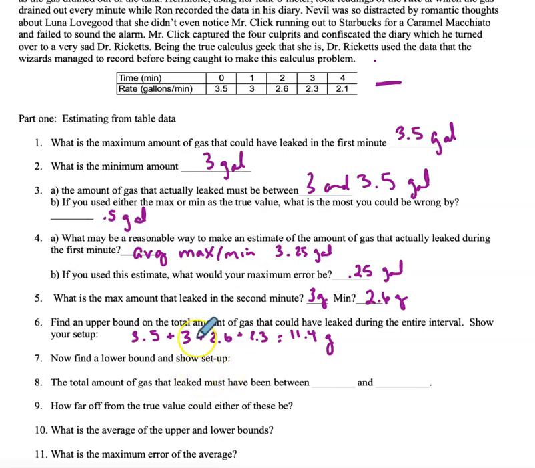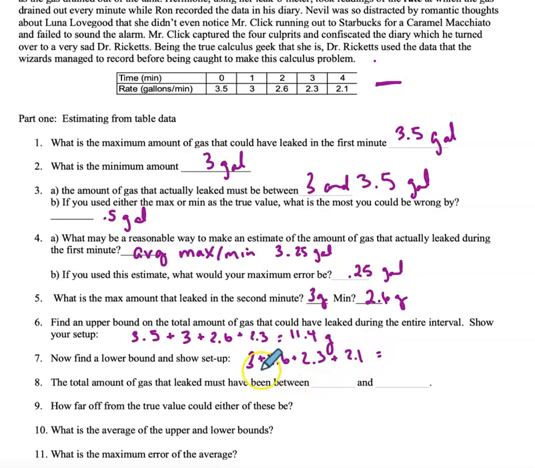Now for the lower bound, we're going to go with the lower rate on each interval. So it'll be the 3 for the first minute, 2.6 for the second minute, 2.3 for the third minute, and 2.1 for the fourth minute. So my setup is 3 plus 2.6 plus 2.3 plus 2.1.